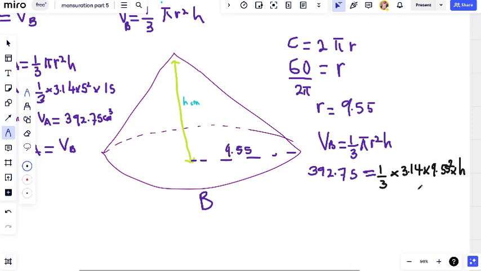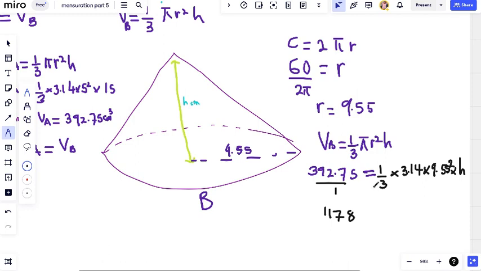Remember, we're looking for h in this regard. So first thing, you cross multiply. You multiply this value with 3. 392.75 times 3, what do we get? We get 1178.25. Do you know why we multiply by 3?